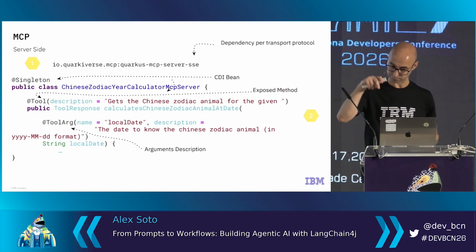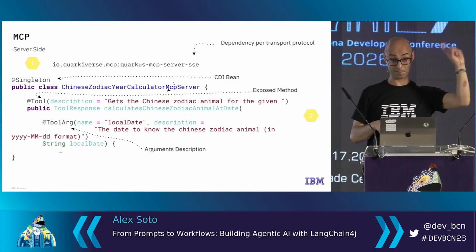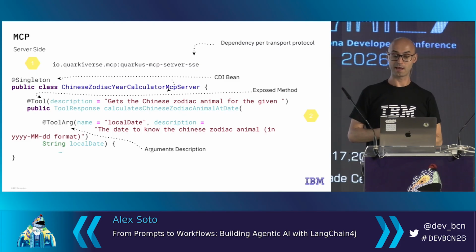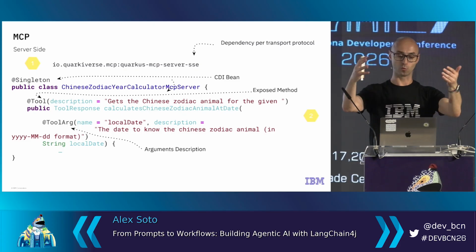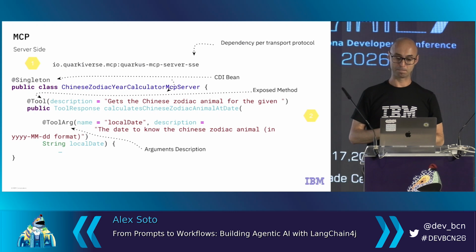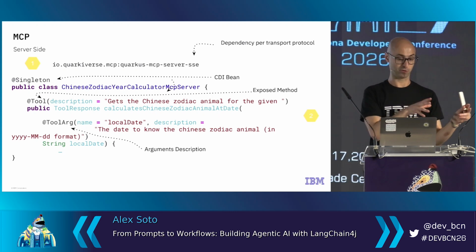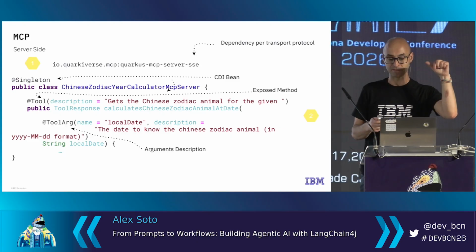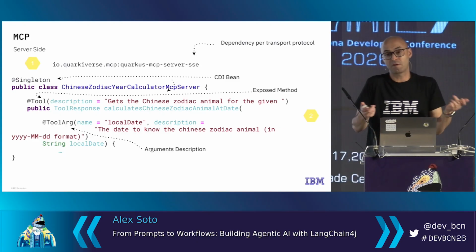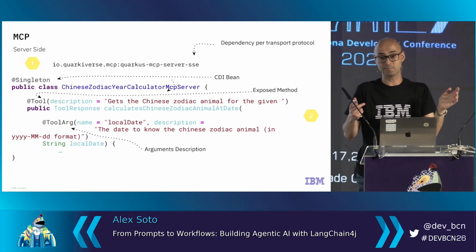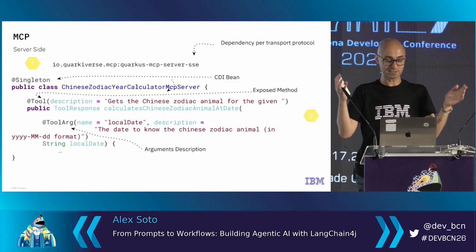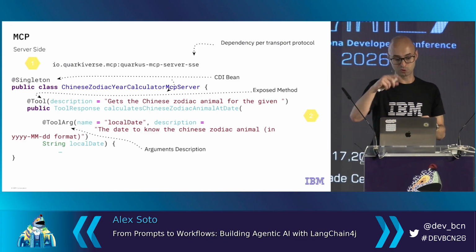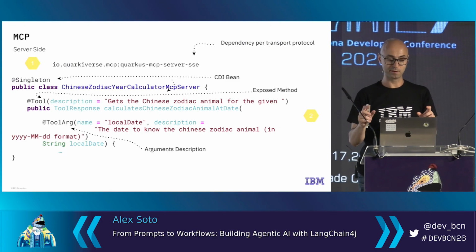Then you define a tool, the same annotation that we've seen before, saying, hey, I want you to expose this method as an MCP server method. Then I can even describe the arguments. If I do not describe them, that's fine. The LLM will try its best, but you can always use the tool arg to describe.